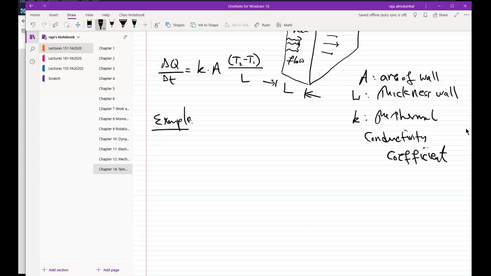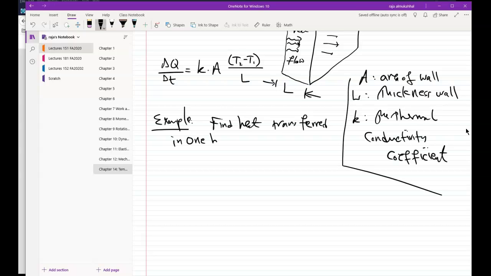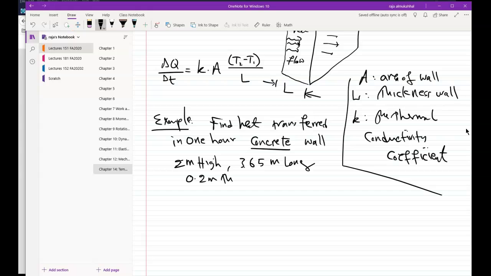It says, find the amount of heat transferred in 1 hour by conduction through a concrete wall that is 2 meters high, 3.65 meters long, and 0.2 meter thick.